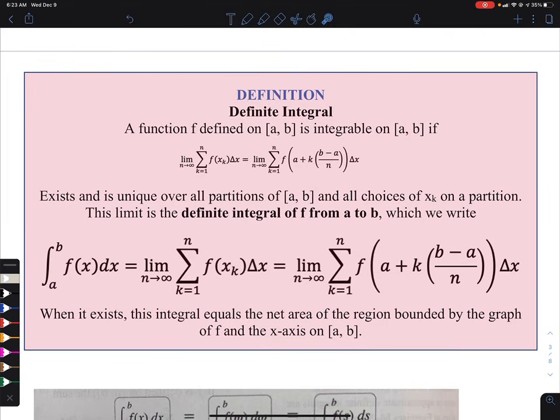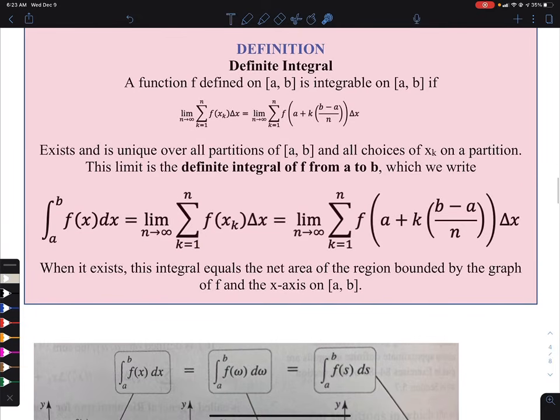And this will all make sense as we go on, what those a's and b's represent. But this thing that you did with the a and b, now it's going to be the limit we just looked at. And remember what this represents, uber important. This is the height of the rectangle.